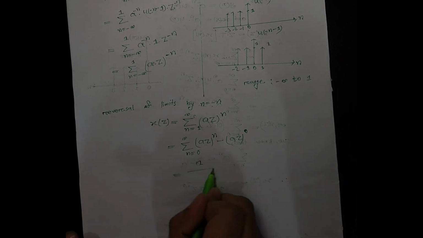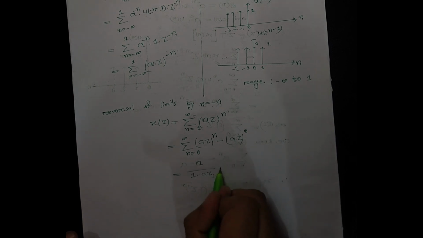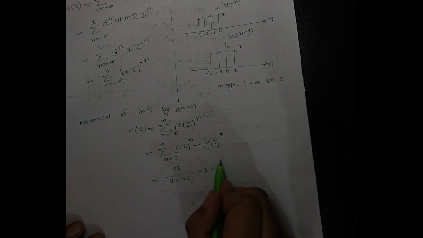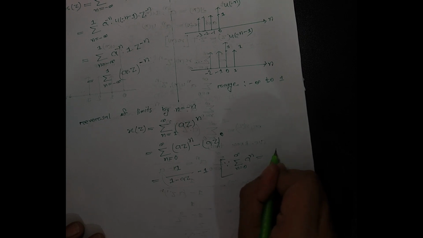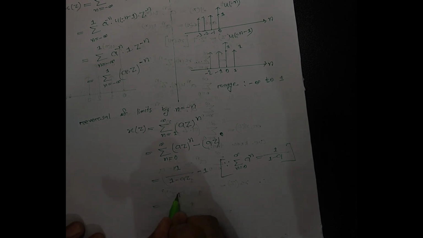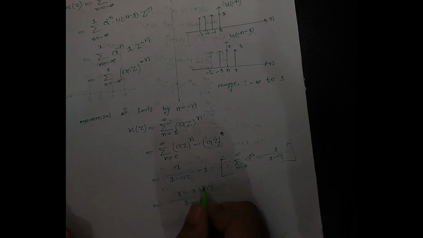From the formula 1 by az, the value is 1. As n equal to 0 to infinity a to the power n equal to 1 by 1 minus a, that means 1 plus az. That means X(z) equal to az divided by 1 minus az.